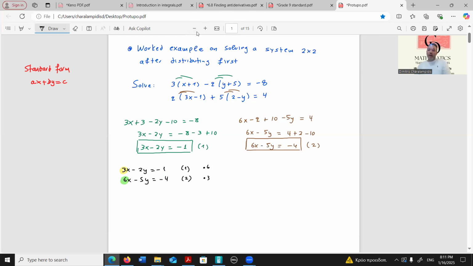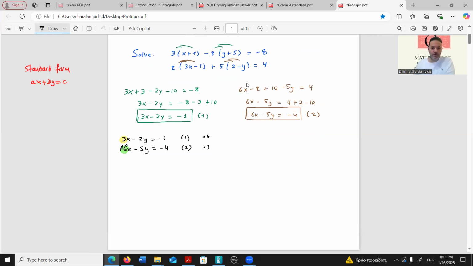Multiplication means horizontal one. So each term of each line should be multiplied by the corresponding value. So the first one should be multiplied by 6, which means 3x times 6 is 18. Sorry about this, problem solved.